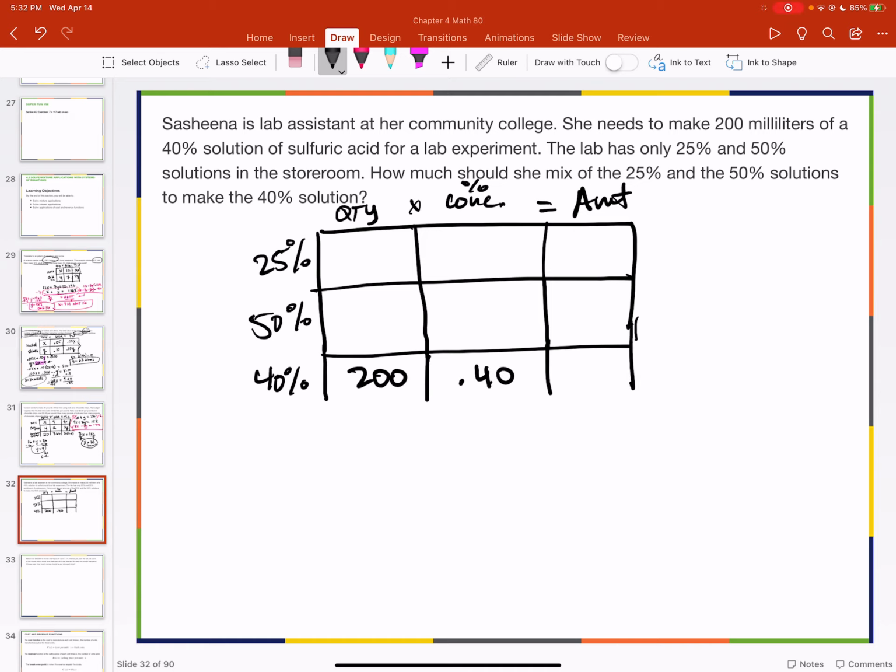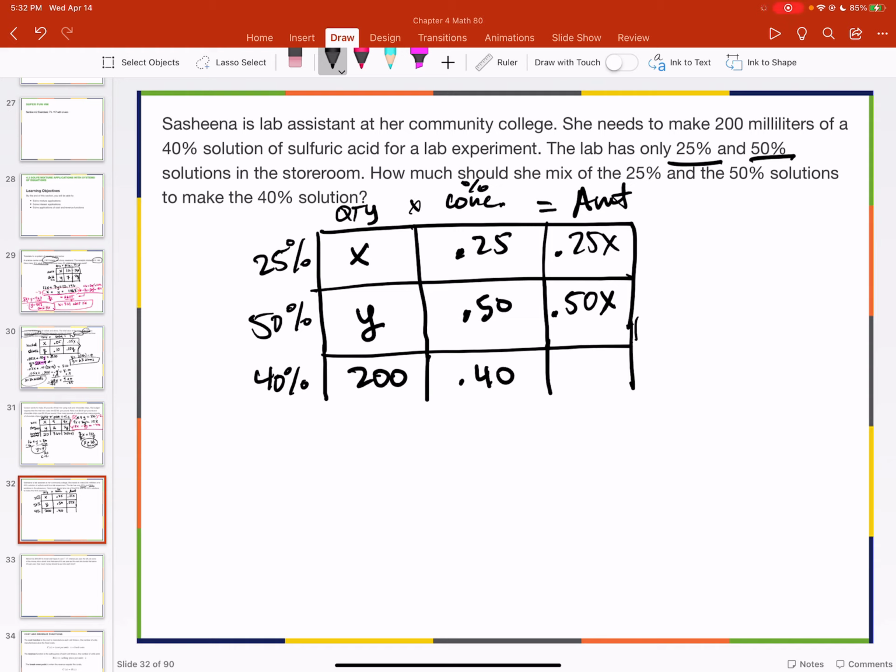Okay, the 25% one, let's call that x, and let's call the 50% one y, the amount. The concentration, of course, is 0.25 and 0.50. That comes from the percentages. Multiply across to get the amount in the solution, and then 200 times 0.4.